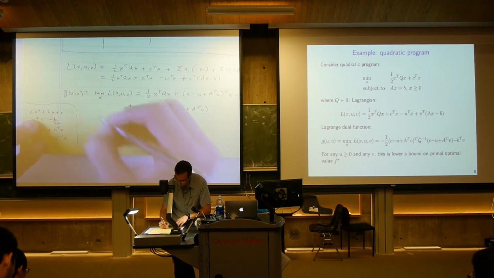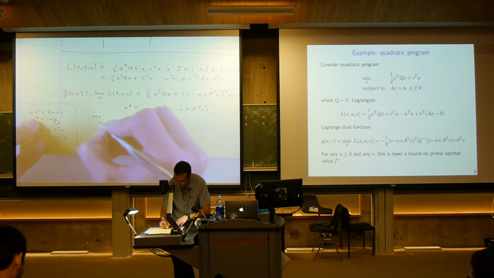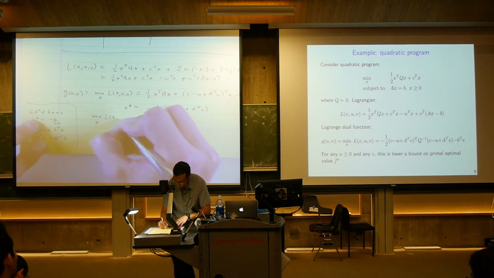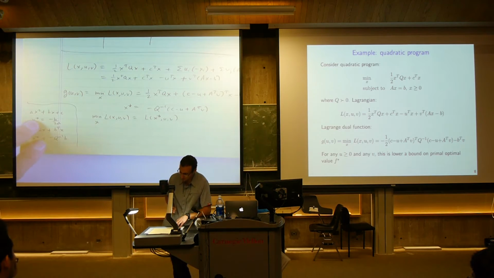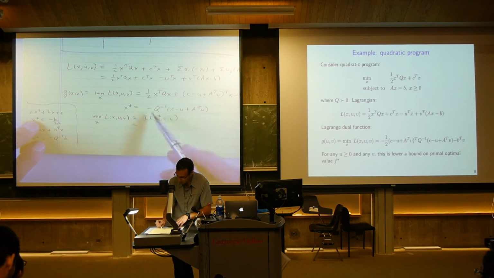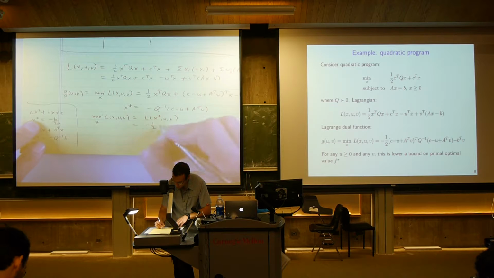And so the minimum of the Lagrangian is what happens when I plug in that minimizer. It's just L of x star, u, v. Here I get 1/2 times this transpose Q times this, and I'll have Q inverse times Q inverse, so one of those will cancel, and it'll just end up being 1/2 times (c minus u plus A transpose v) transpose Q inverse (c minus u plus A transpose v).